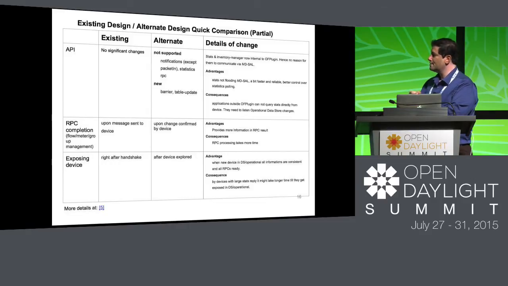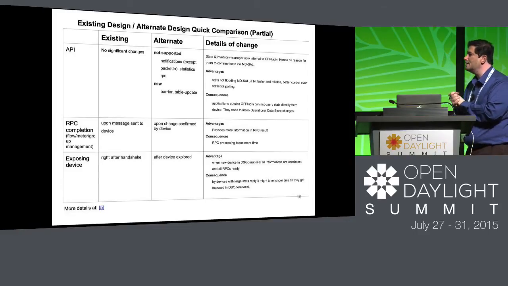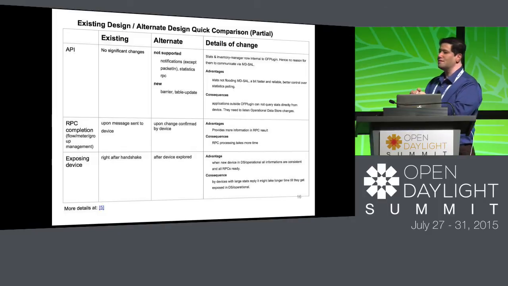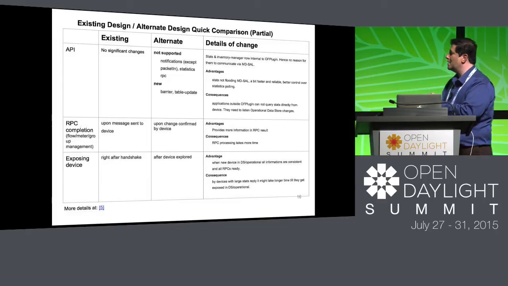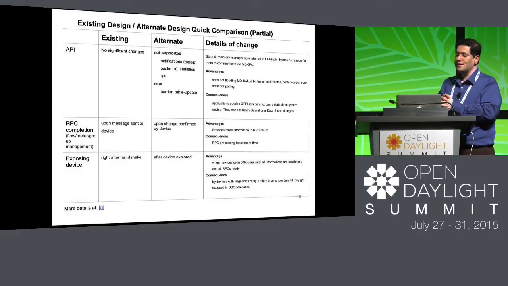The other was the RPC completion. In the existing design, for things like the flow, meter and group management, after the message is sent to the device, the RPC will return and be marked as complete. But in the alternate design, it completes upon confirmation by the device.